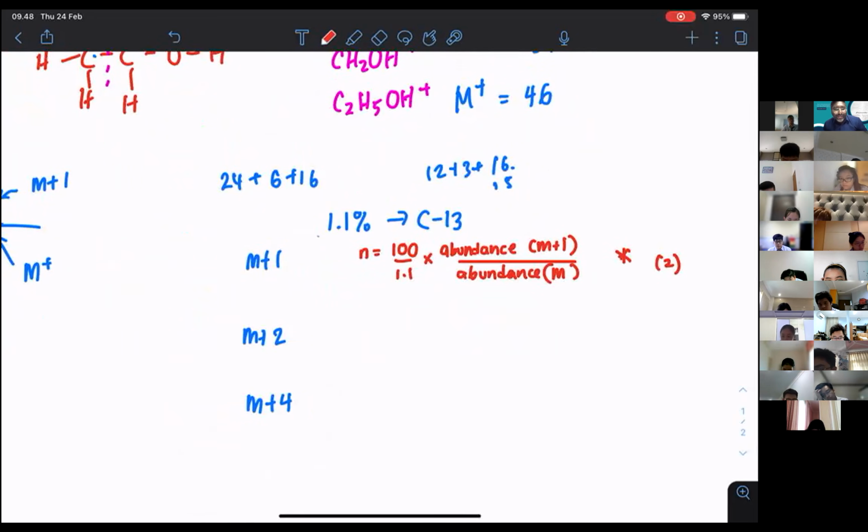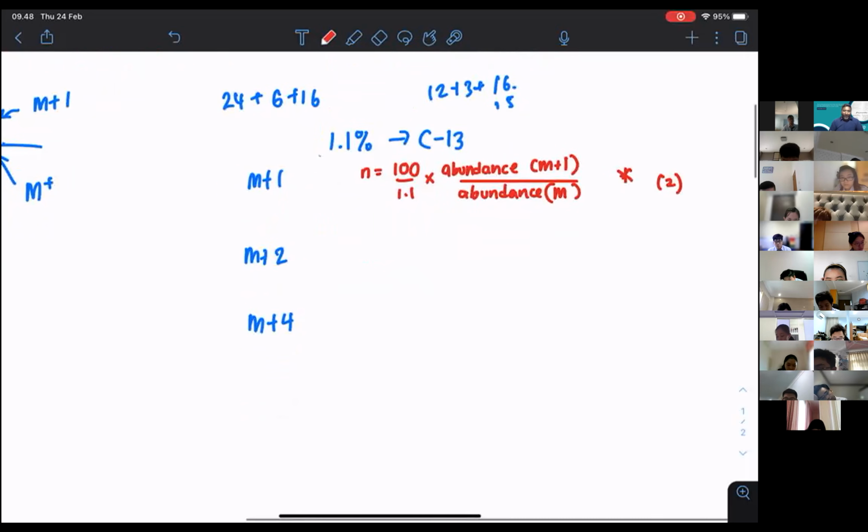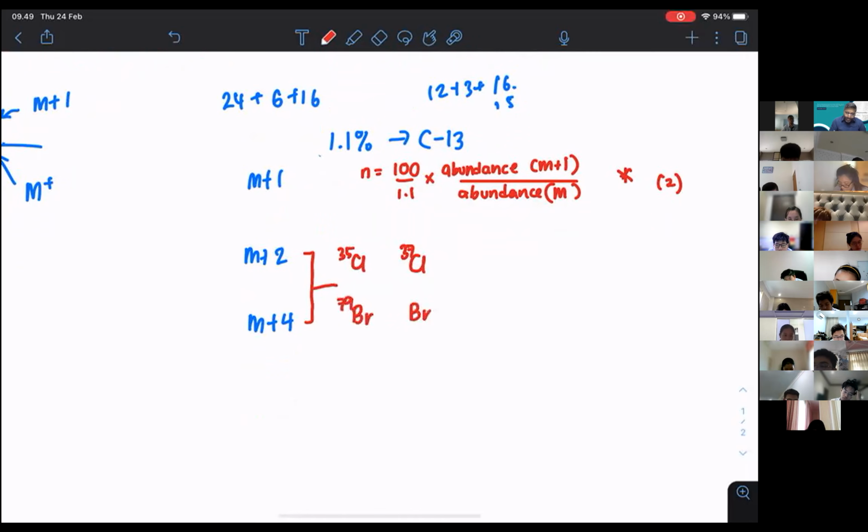About M plus 2 and M plus 4, I just went very briefly with you. It depends on chlorine 35 and chlorine 37, and also on Br 79 and Br 81.